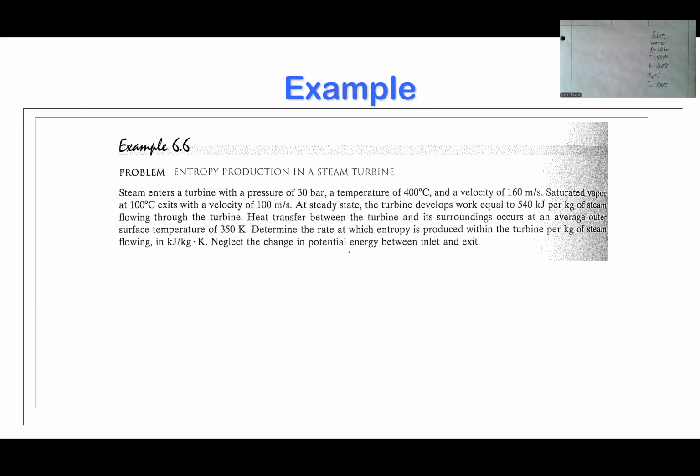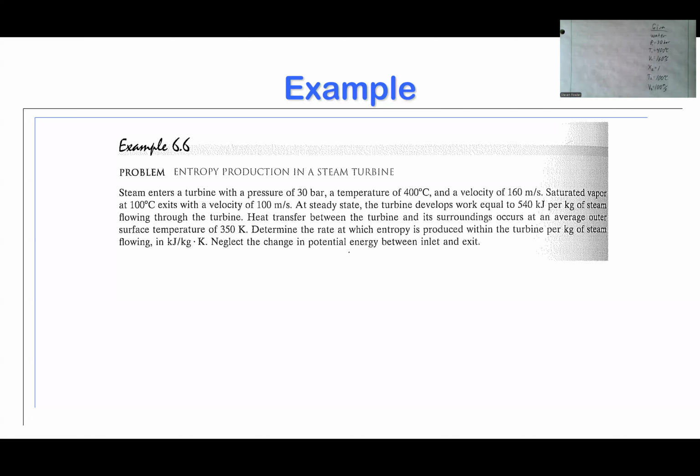So at that temperature and the fact that it's saturated, that means it's basically coming out at atmospheric pressure because water boils or is saturated at 100 degrees C. Also, they give us an exit velocity. So this is one of those problems where I'm going to go ahead and account for the change in kinetic energy. This text says at steady state. Our text would call that steady flow.